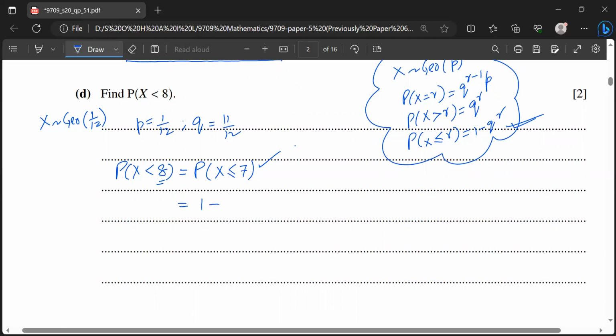So 1 minus 11 over 12 raised to the power 7. When you simplify, the answer to three significant figures is 0.456. This answer is correct to three significant figures. Probability of X less than 8 is here.